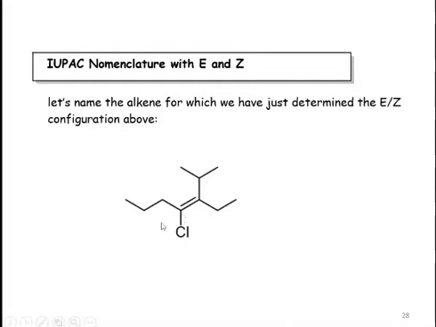On the other side, attach the Cl atom. Whereas to the second doubly bonded carbon atom, on one side, we can see here it is isopropyl group and here it is ethyl group. All the four attachments are different from each other. So we have to go for EZ differentiation here.